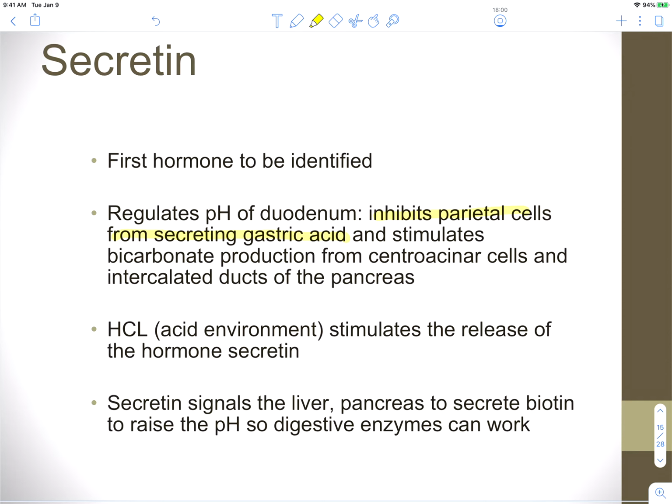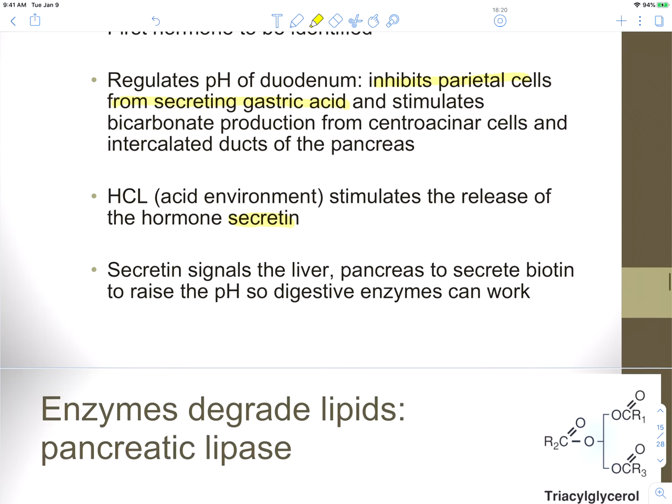And this, of course, is to neutralize the stomach acid. Hydrogen chloride from the stomach is going to stimulate the release of secretin. And secretin signals the liver and pancreas to secrete bicarbonate. An overall goal of secretin is to raise the pH so that in your small intestine, your digestive enzymes will be able to function.